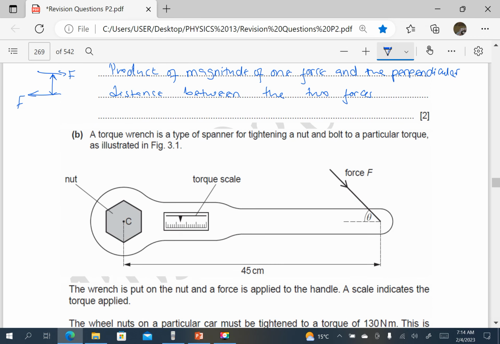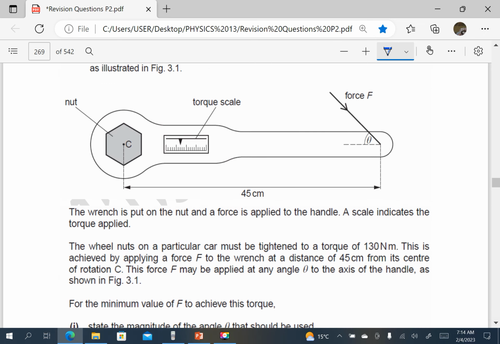A torque wrench is a type of spanner for tightening a nut and bolt to a particular torque, as illustrated here. The wrench is put on the nut and a force is applied to the handle. A scale indicates the torque applied. The wheel nuts on a particular car must be tightened to a torque of 130 newton meters.